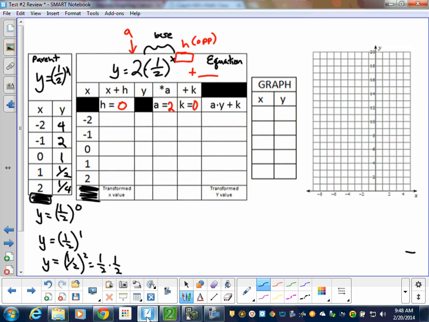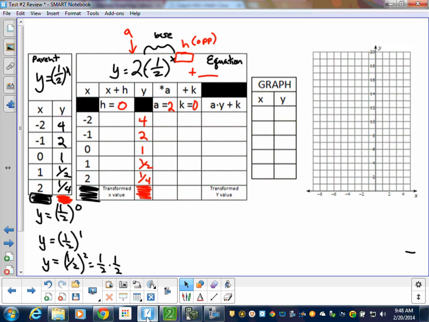I just took those numbers right there and put them right here. Just write them out. Guys, just put out 4, put out 2, put out 1, put out 1/2, put out 1/4. List them out just like that.